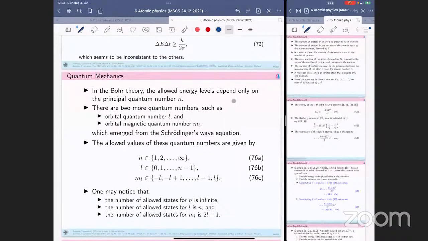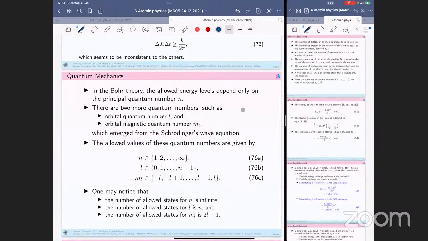But once there was development in the theoretical atomic model, physicists found that the idea of only a single principal quantum number may not be appropriate.